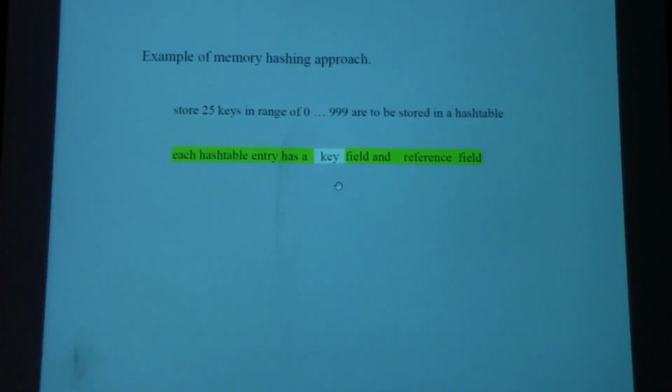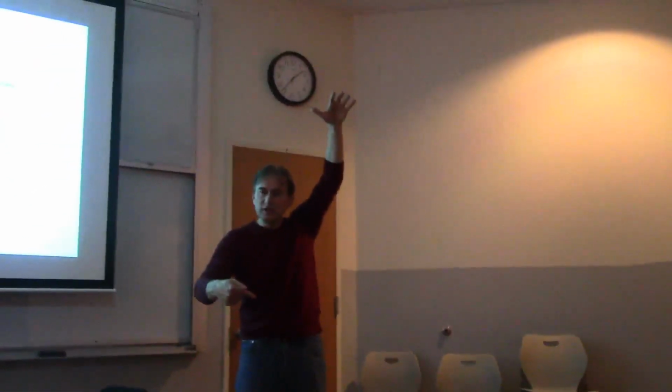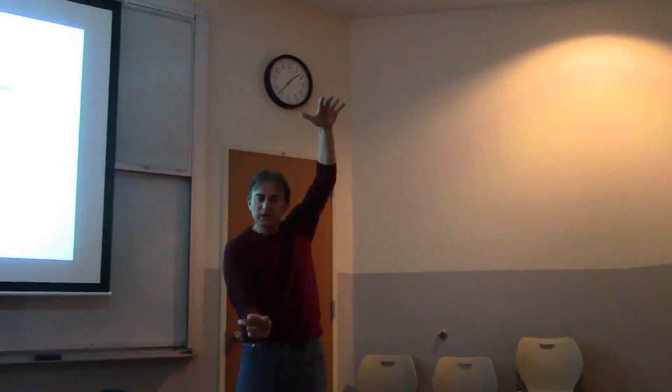Okay, so the hash table, which is basically an array or a table of storage, has two fields in it, the key field and the reference field. So if you're searching for a key of 50, and let's say the search space is very large, maybe the hashing function says, look over here. So you look over here, and the key is 50.